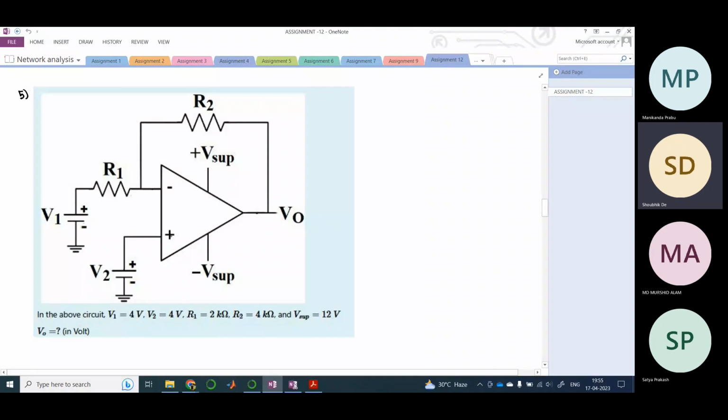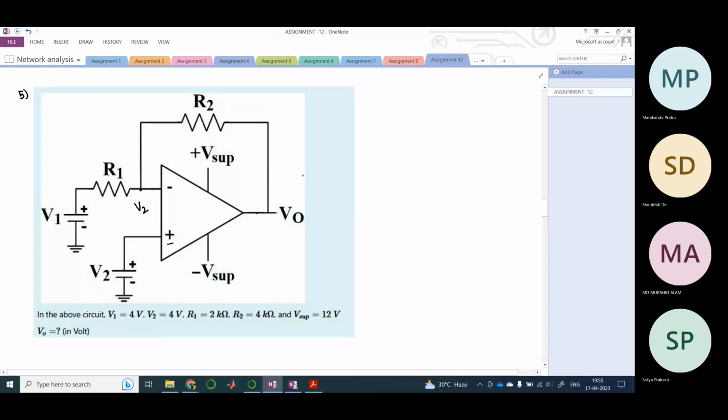Since this is an ideal op-amp, this would also be V2, because the resistance connecting the inverting and non-inverting is open.